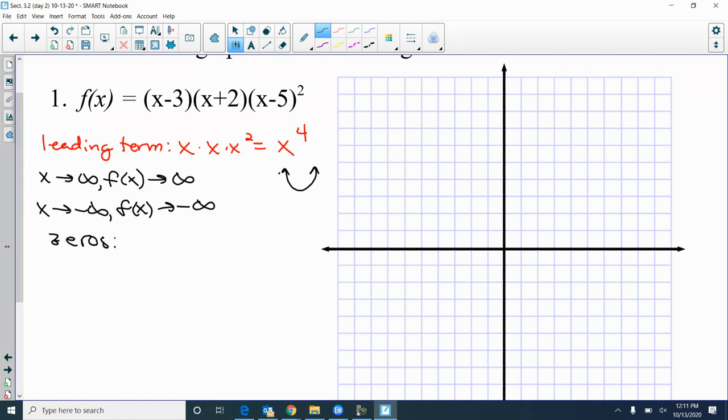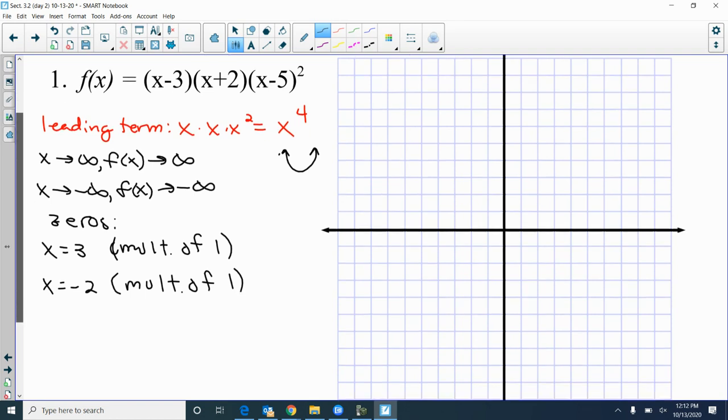So zeros, since it's a negative 3, we have x equals 3, which is a multiplicity of, what would that be? Multiplicity of 1, right? Then I got x equals negative 2, which is a multiplicity of 1.